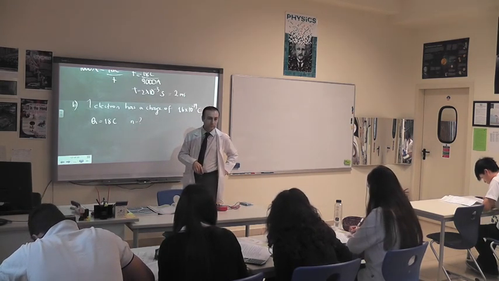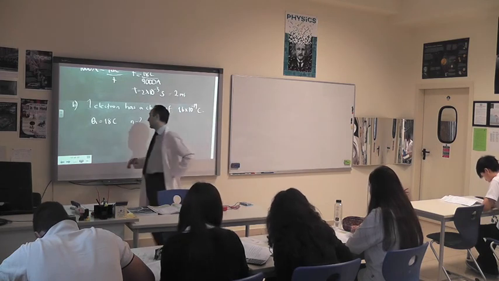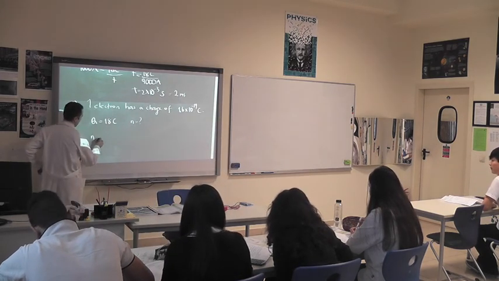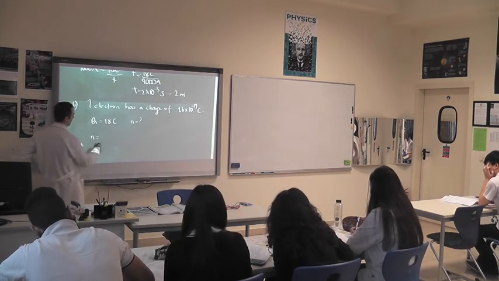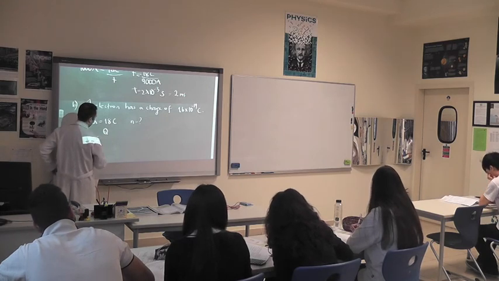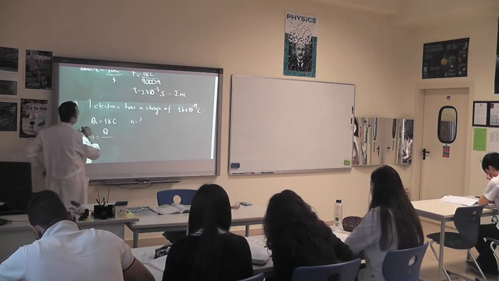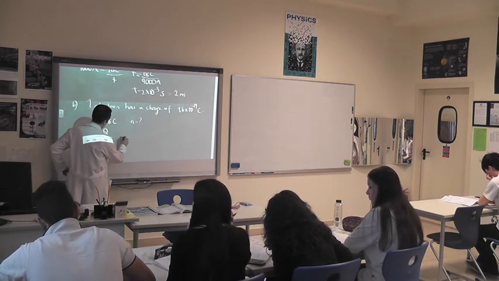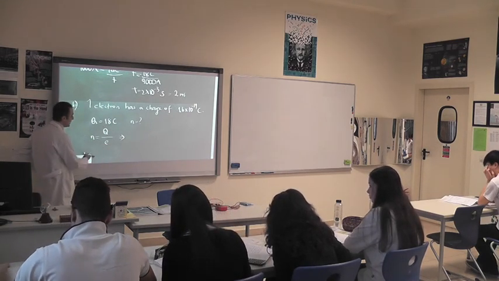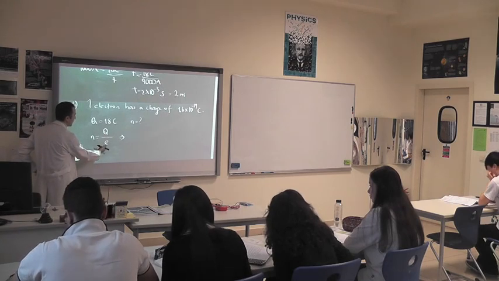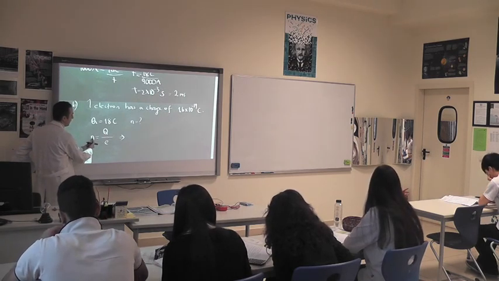It's 18 over 1.6 times 10 to the power. Exactly. So, like Tuba said, we have total number of charge divided by the charge of one electron. Total charge divided by charge of one electron will give you the number of electrons.